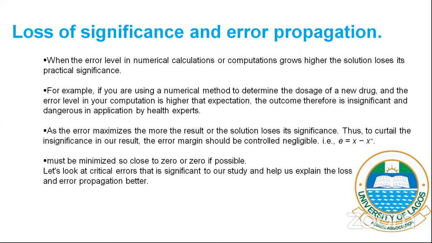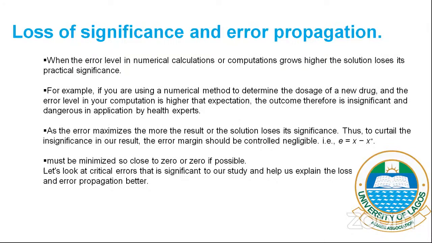So if the level of error in that numerical calculation is high, it can lead to error. That's why we are even studying this, to know if it is significant or not significant. For example, if you are using a numerical method to determine the dosage of a new drug, and the error level in your computation is higher than expectation, the outcome therefore is insignificant and dangerous in application by health experts.